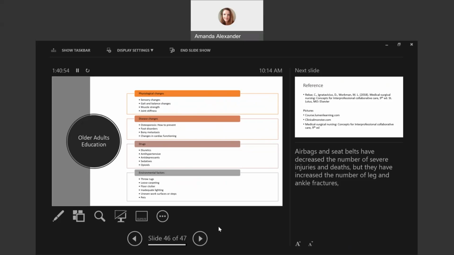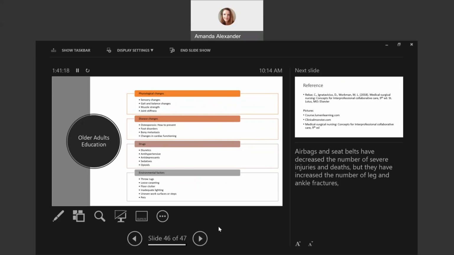Antihypertensives, antidepressants, sedatives, and opioids, all of these drugs will set the patient up for risk for falls. Environmental factors such as throw rugs, loose carpet, floor clutter, inadequate lighting, and uneven work surfaces or steps, and even pets can cause a fall.